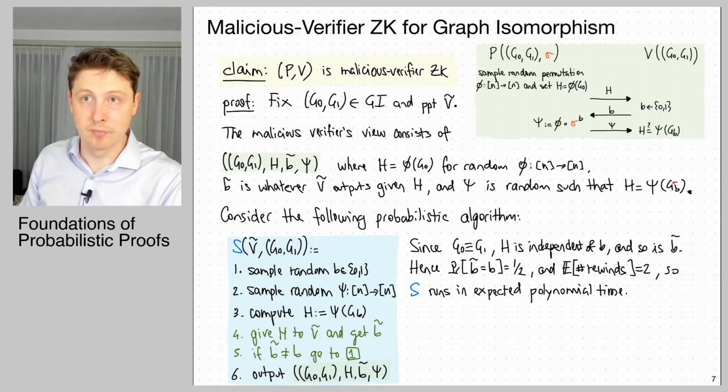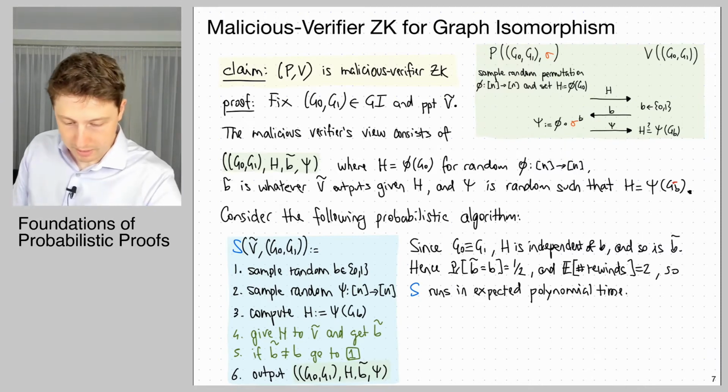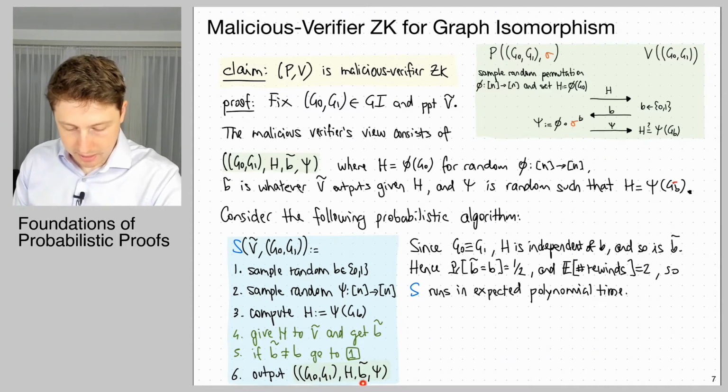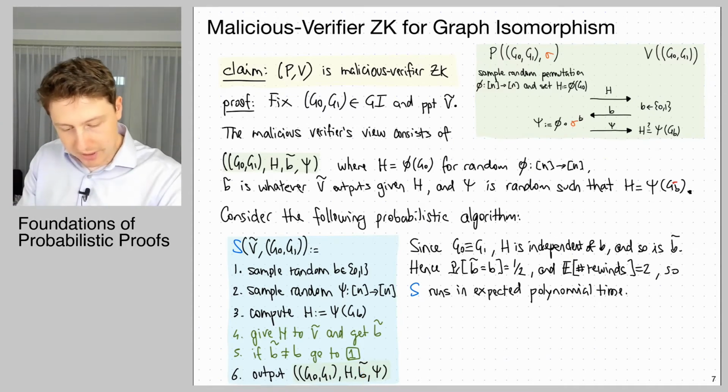Well, isn't it the one that the verifier would have output while we ran the interactive proof in the first place? Yeah, but there's potentially some bias here, right? So there isn't bias, but we need to argue that.